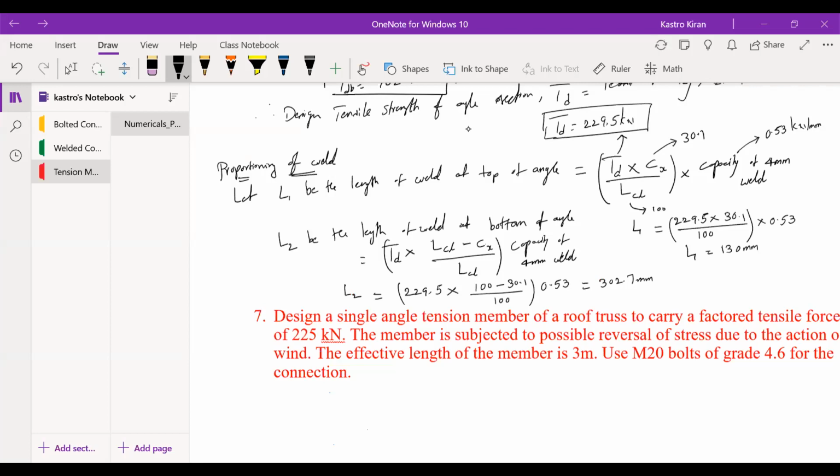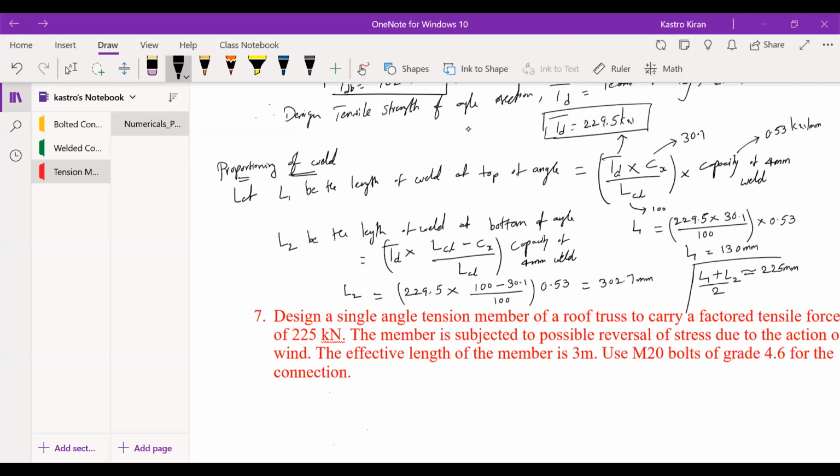Now, if you add L1 plus L2, it must be approximately equal to 225 mm. Somewhere around 220 or 219 is also fine. So L1 plus L2 average should give you 225 mm.